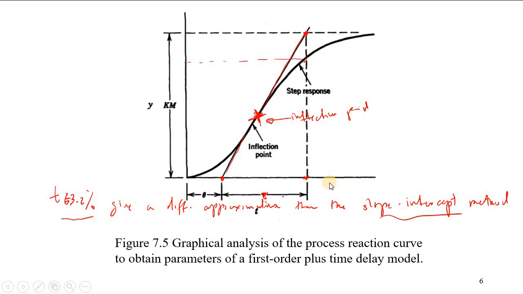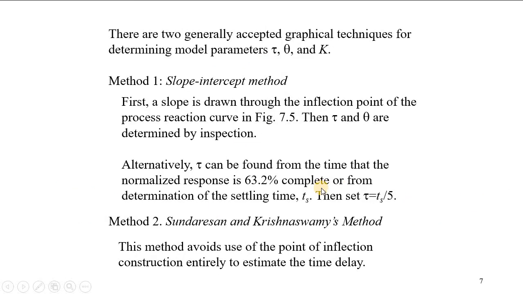Hopefully you got what we mean, and we are going to solve problems with that so that we can understand it. Don't worry about it. So that was the slope-intercept method that I have just explained.